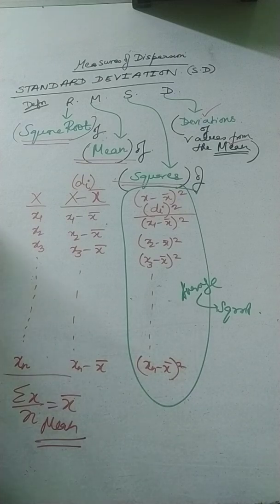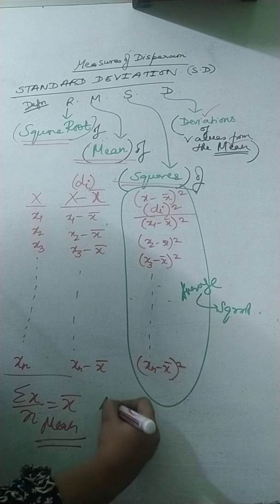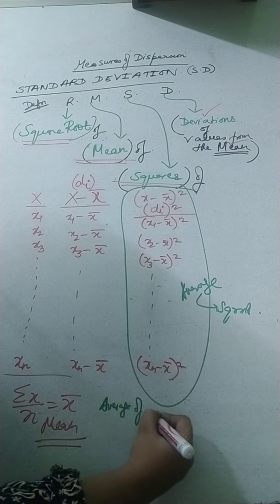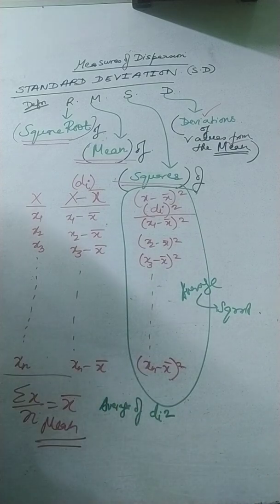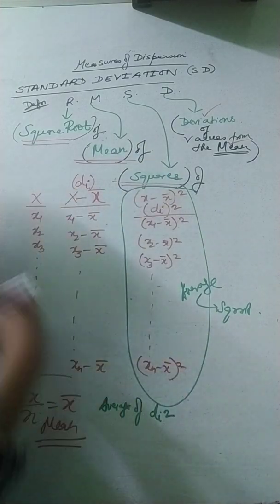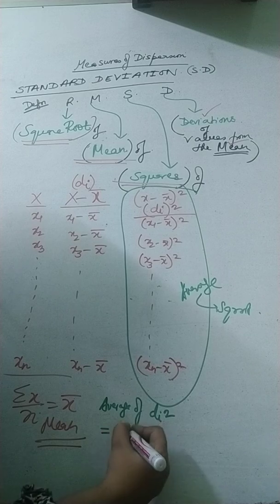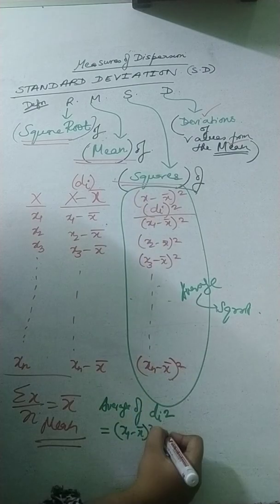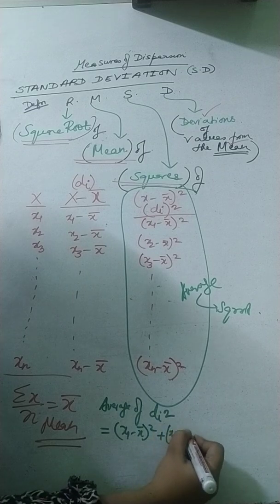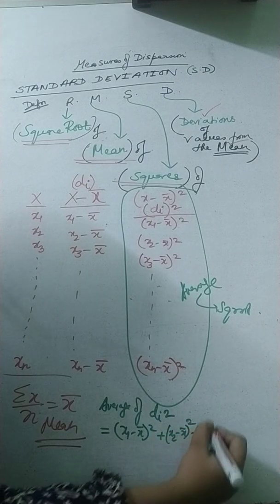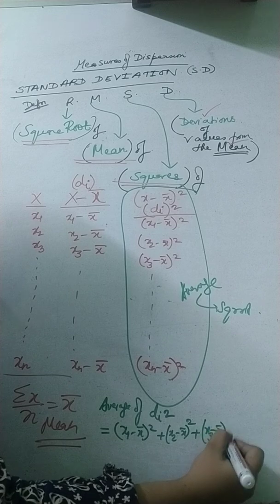So it will be the average of squares of the deviations from the mean. So it's average of di square, or simply d square, and therefore it is x1 minus x bar whole square, that is this value, plus the next one, x2 minus x bar whole square, plus x3 minus x bar whole square.